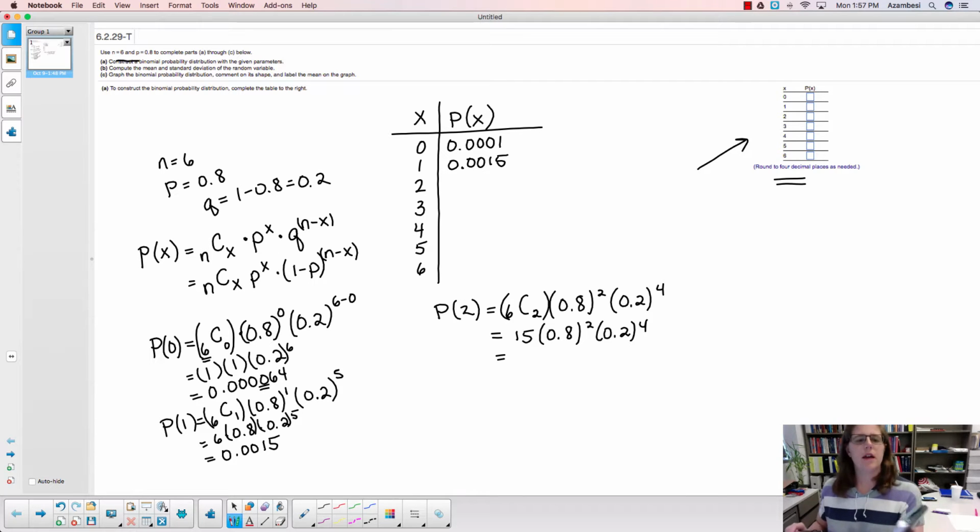When I go to enter that here, I am working right through the parentheses, so pretty much exactly the way it appears, and I get 0.0154. Be careful on your rules of rounding here. They should follow traditional rules of rounding.